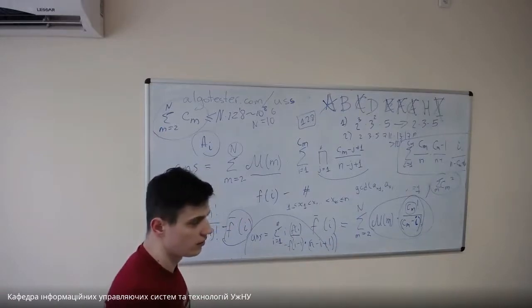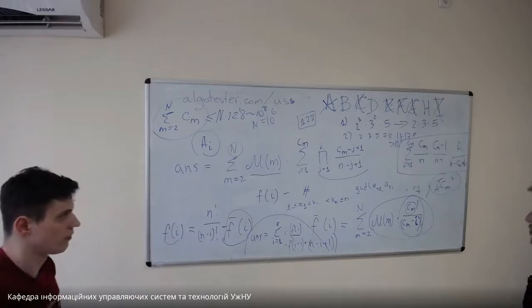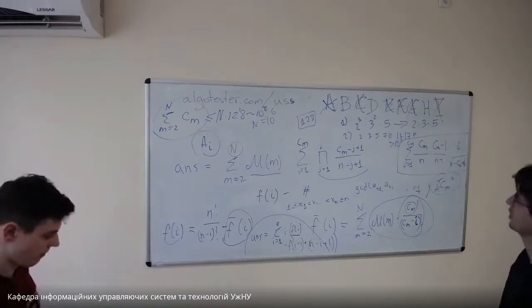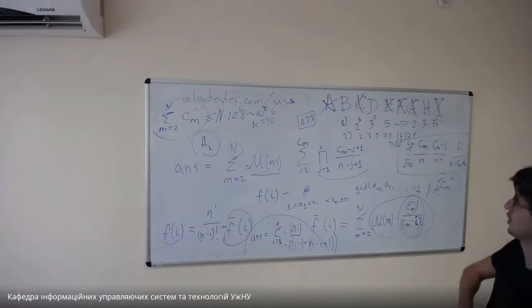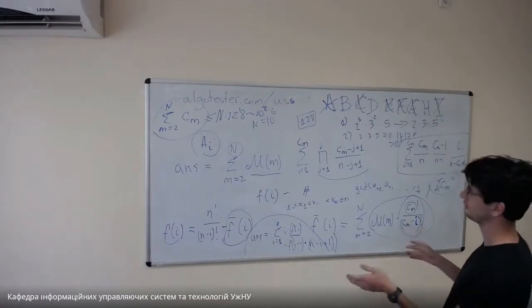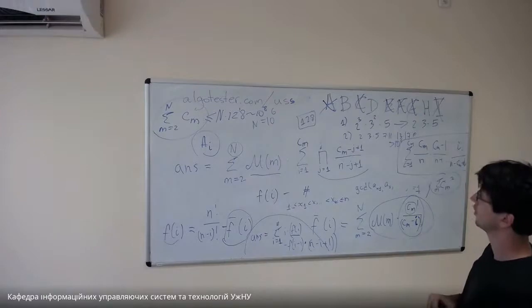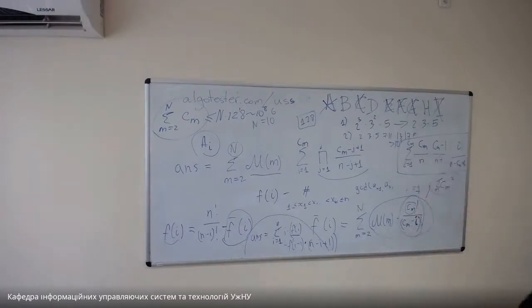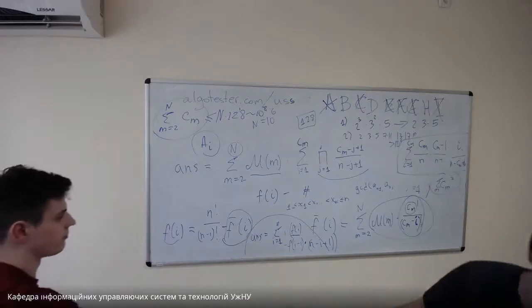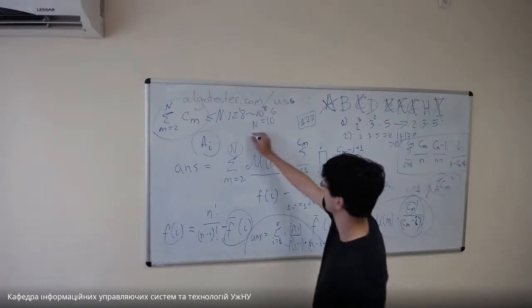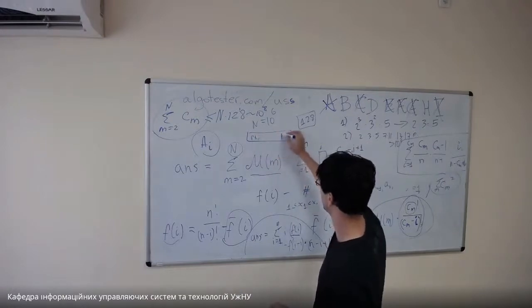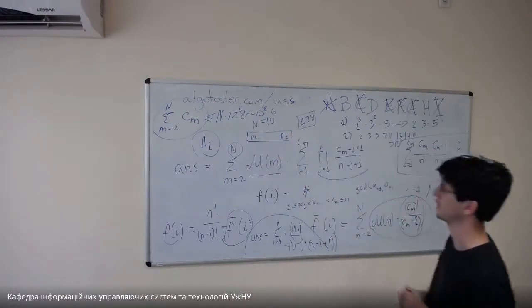Okay, if you do this straightforwardly, there are two ways of doing this. At first, we can generate a sieve, and then for each number of the array, we can write out all its prime divisors, like p1, p2, and so on up to p7. There will be no more than 7 of them.